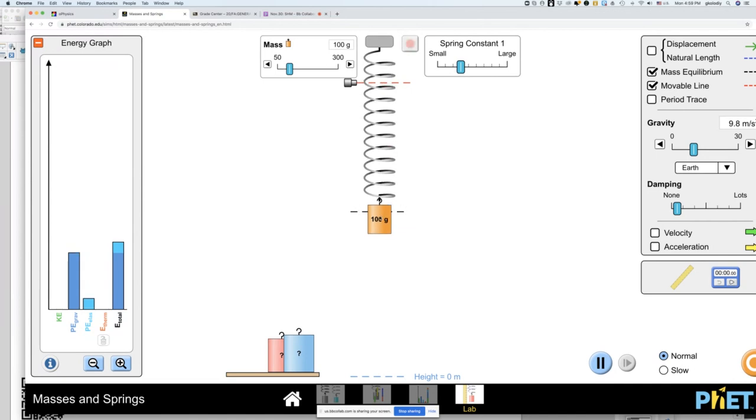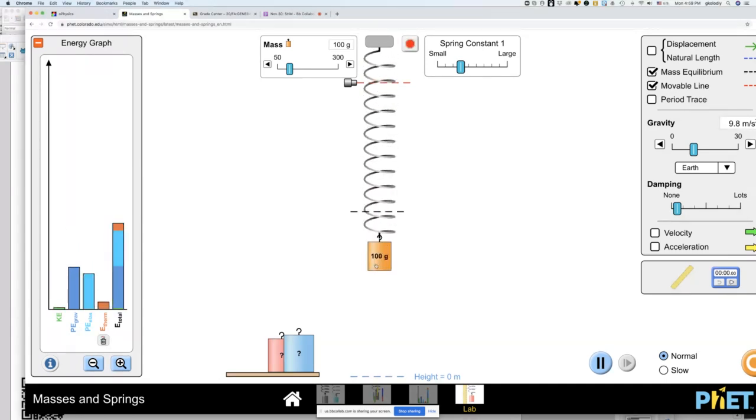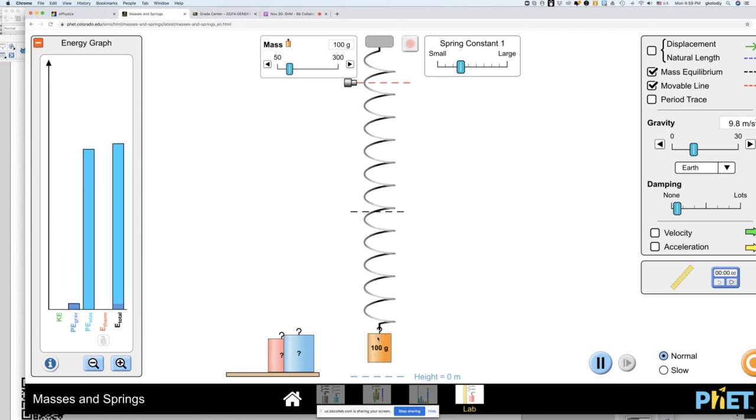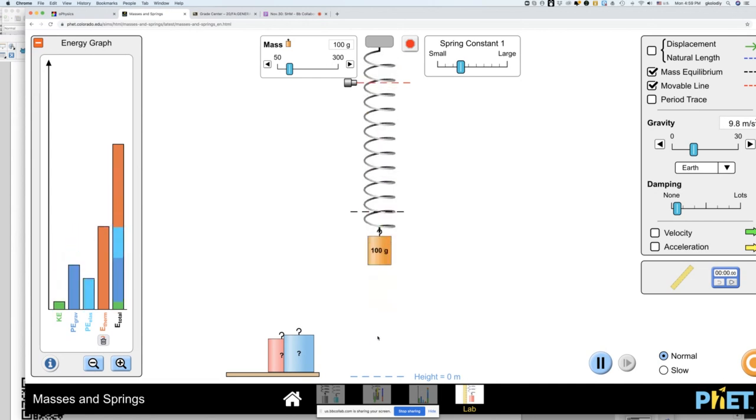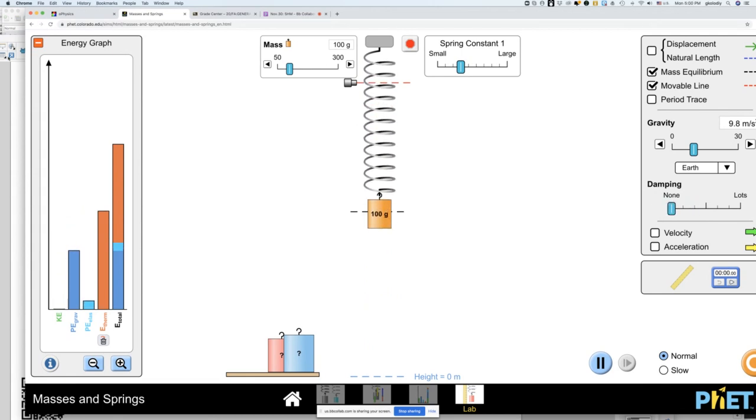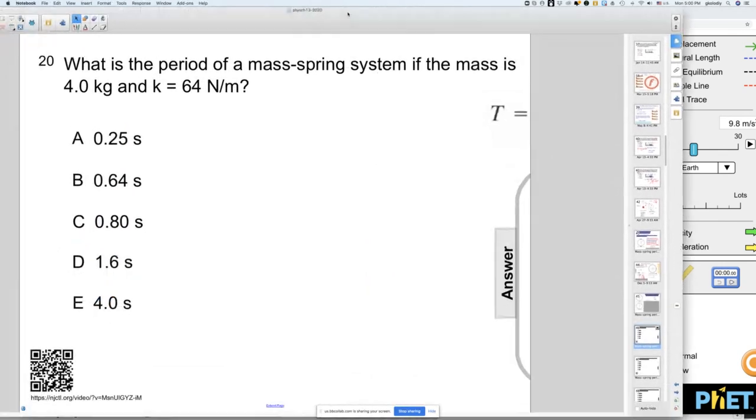We're going to pull it past here, and you let it go. And this is the period, the time for one oscillation. So what they're saying is this, if I pull it, if the amplitude is bigger, the time of oscillation is still the same. That's what it's saying. Amplitude is not in that equation. Okay, let me go back. So what is the period of it?